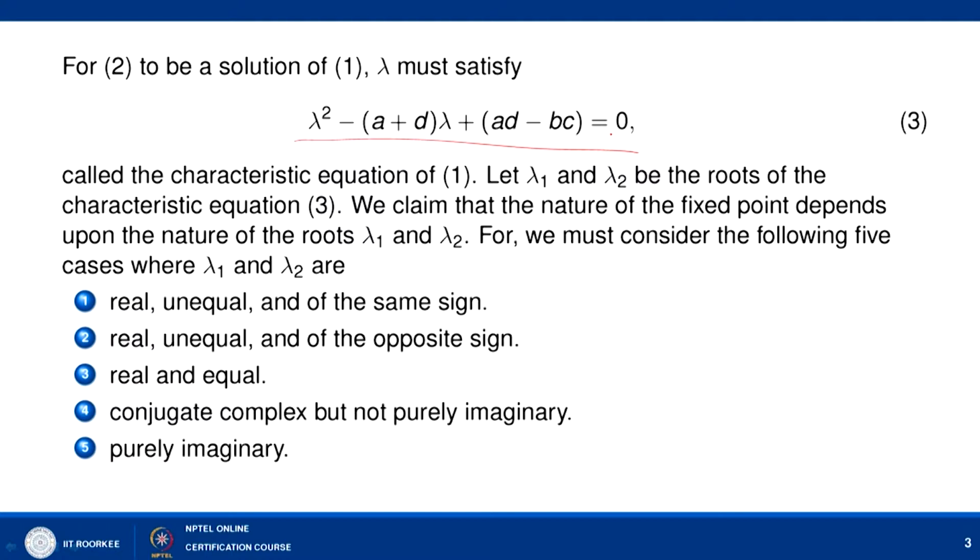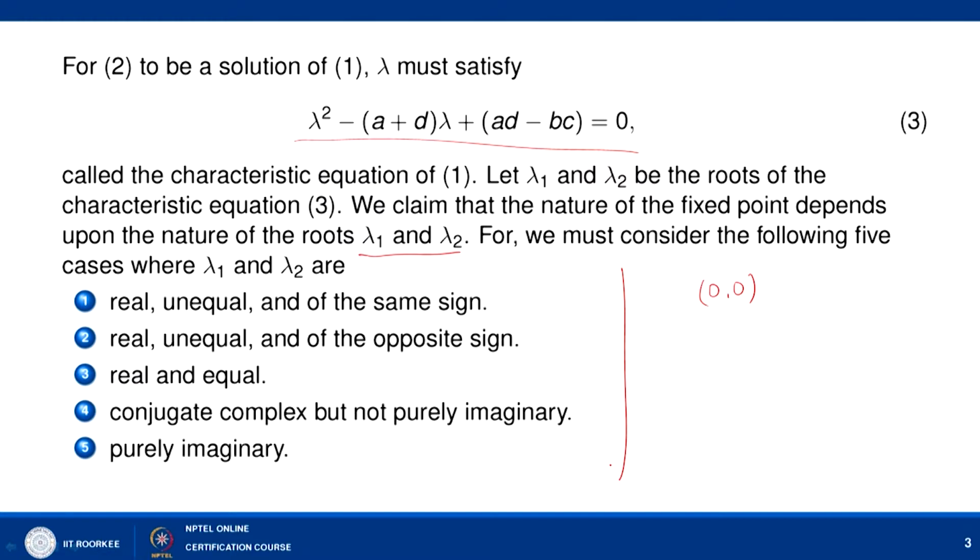and we claim that the nature of the fixed point, that is (0, 0), depends upon the nature of the roots lambda 1 and lambda 2. Here we already know that (0, 0) is a critical point, or say equilibrium point or stationary point or fixed point, and the type of the critical point, whether it is a node, stable node, unstable node, focus, or spiral, will all depend on the behavior of lambda 1 and lambda 2.